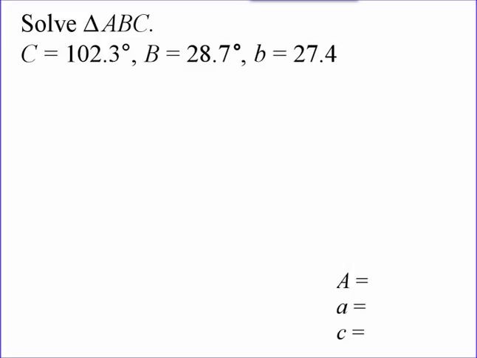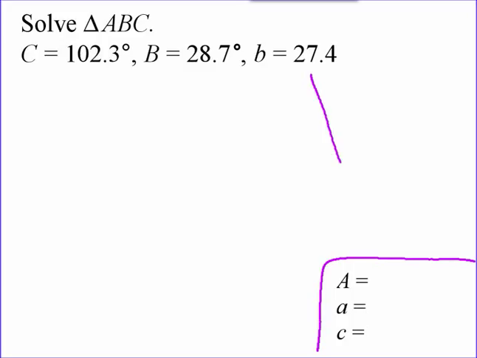And so what I suggest you do is you make a little answer key, and notice I have this answer key written at the bottom right of this slide. I need to find angle A, side A, and side C. And in this triangle I'm given, angle C is 102.3, angle B is 28.7, and side B is 27.4.